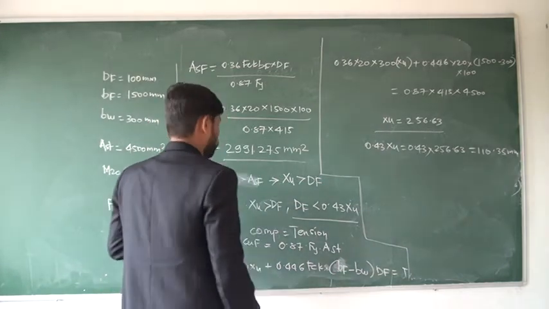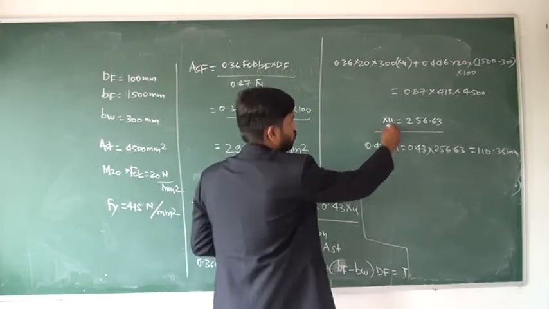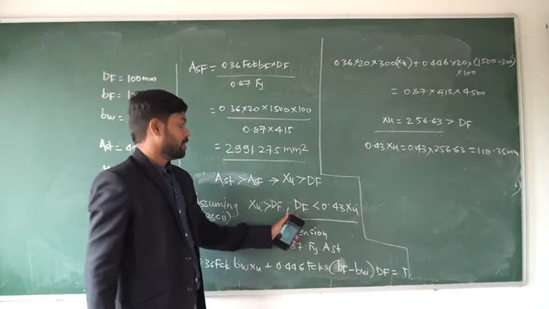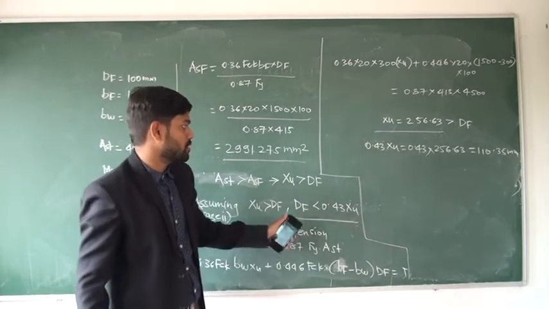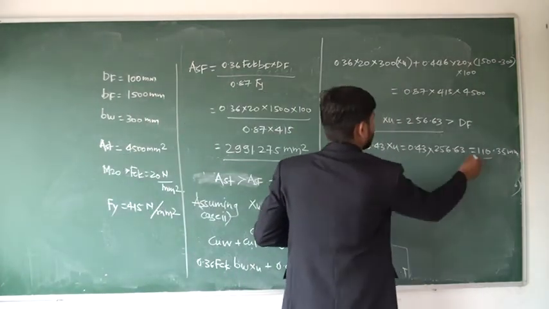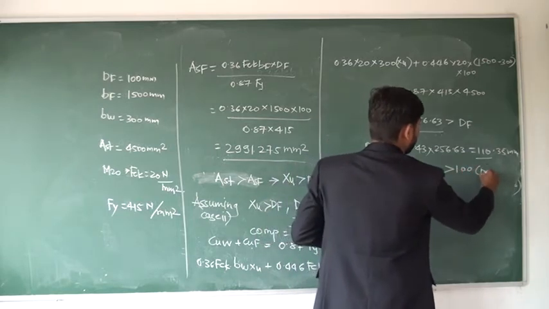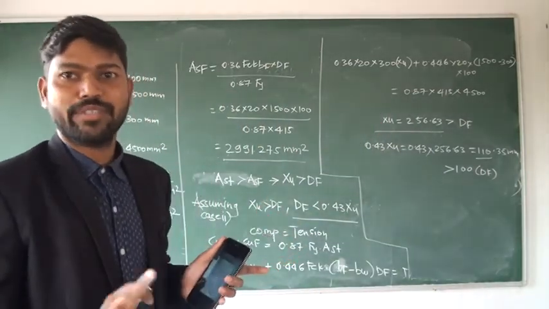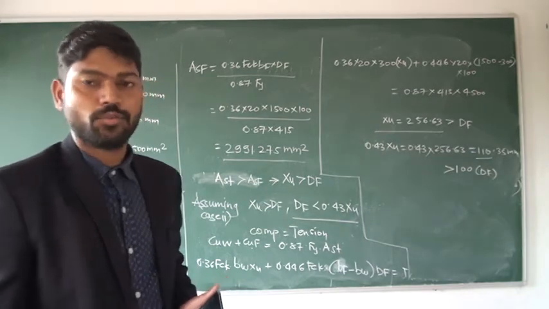Now what is your case 2? XU is greater than DF, that is okay. But DF is less than 0.43 XU. What is DF? DF is 100, and 0.43 XU is 110, means DF is less than 0.43 XU.